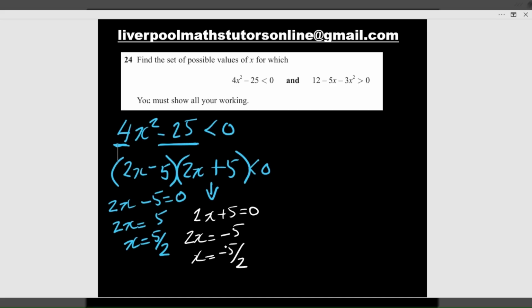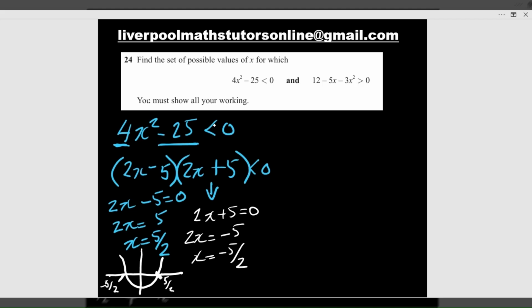If I just have a look at what's happening, if I think about that on a graph, I'm going to have something like that, and it will cut through at negative 25, so it's a quadratic. Now those points on the x-axis, that's where the minus 5 over 2 and the positive 5 over 2 are.